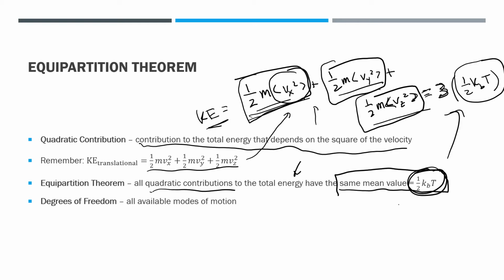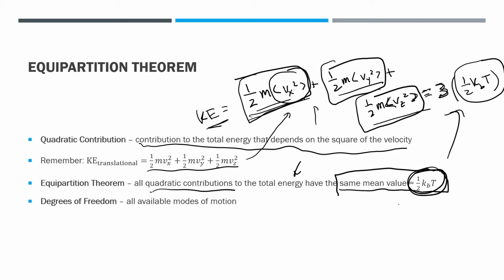But this is going to get more important because we're going to talk about not just translational motion, which we've been talking about. This is the same thing as with a monoatomic gas, right? I've been talking in the context of monoatomic gases, where we just have the same exact formula that we derived in the last video, where I have the x, the y, and the z direction, and that's all I'm worrying about. These translational directions of motion, right?